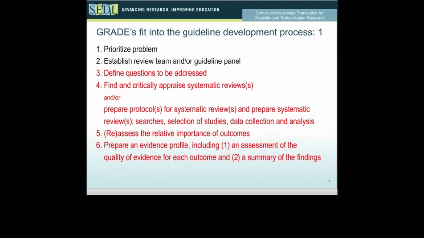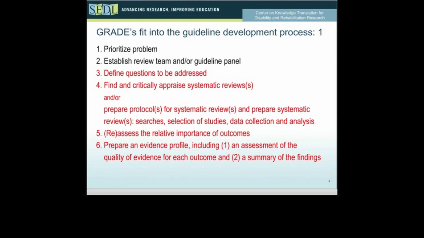So you first have to prioritize a problem. We ought to have a guideline on how to address primary health care for people with cognitive disability. 2, you establish a review team and/or a guideline panel.